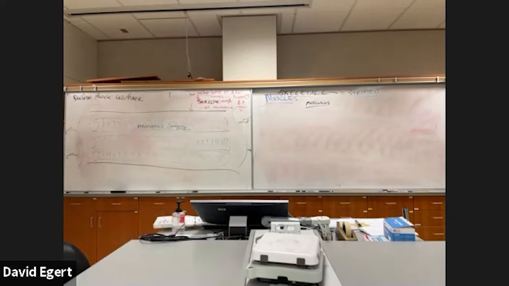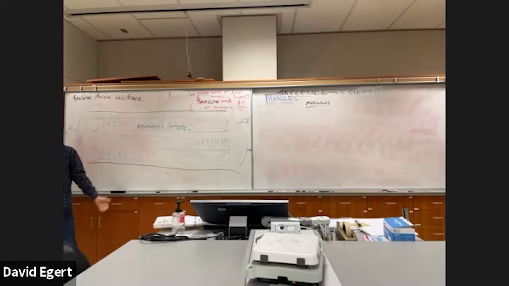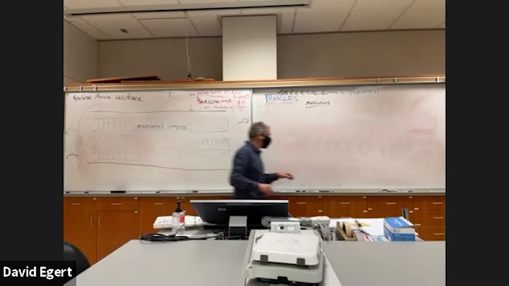The other thing we need to look at in this big picture is the sarcoplasmic reticulum. It's a specialized version of an endoplasmic reticulum, and in the muscle cell, its main job is storing calcium. So let's put in the sarcoplasmic reticulum.